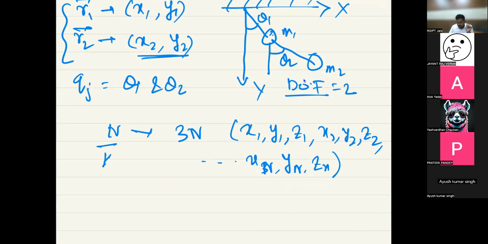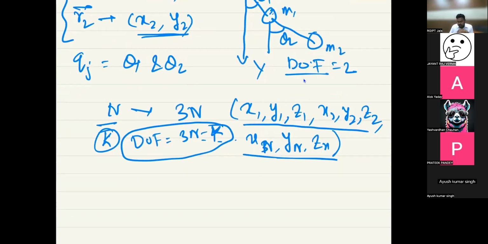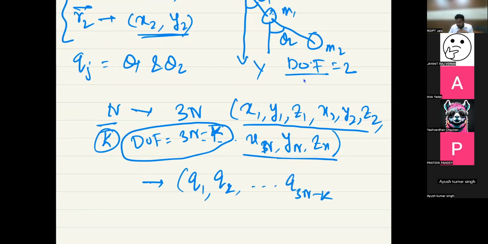Now if you impose k number of constraints, the number of degrees of freedom will be 3n minus k. As soon as you impose this condition and reduce the degrees of freedom, you will find that these coordinates are not independent. Some relation will exist between these x, y, and z variables. And that's why you will have a reduced number of degrees of freedom. But when you represent this system again in terms of generalized coordinates, q1, q2, up to q(3n minus k), these are all independent of each other.